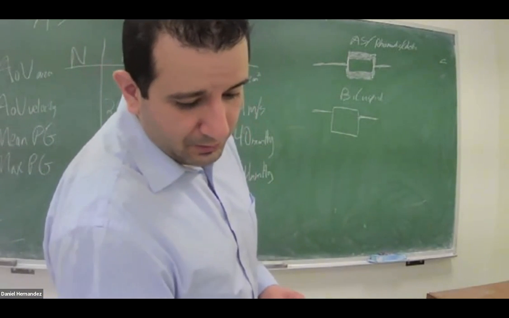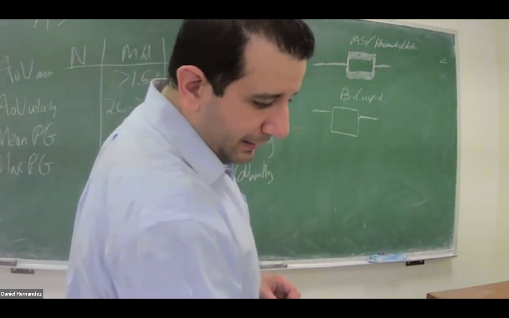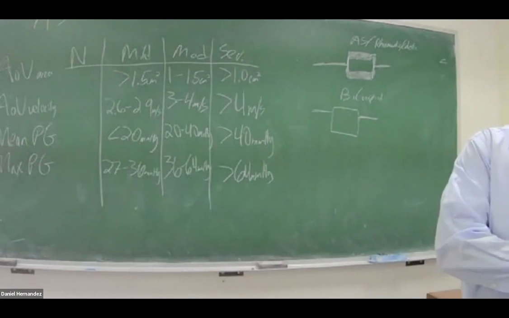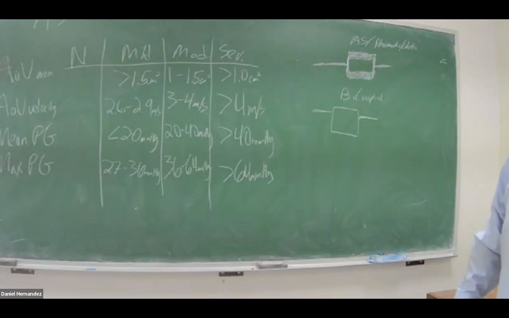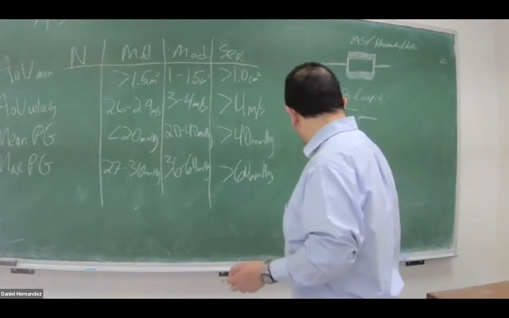So we'll do aortic regurge next. Aortic regurge isn't too bad. There's really only one series of numbers that you have to remember for aortic regurge.